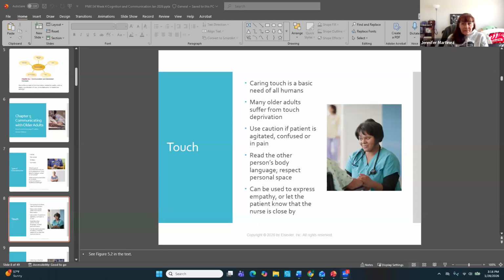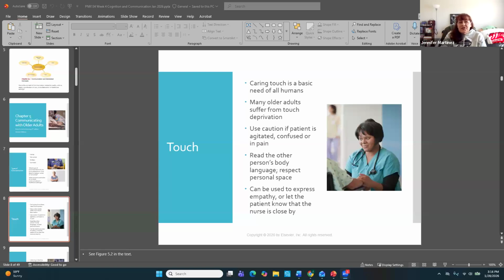So think about your patient in a long-term care setting, maybe who has lost their spouse, and they're alone and don't have anybody for that physical contact. And so you try to use touch and provide comfort. I'll touch your shoulder, I'll touch your arm, and sometimes it can be very comforting.